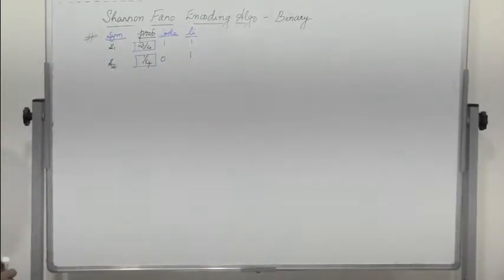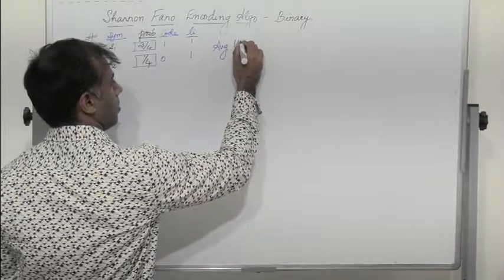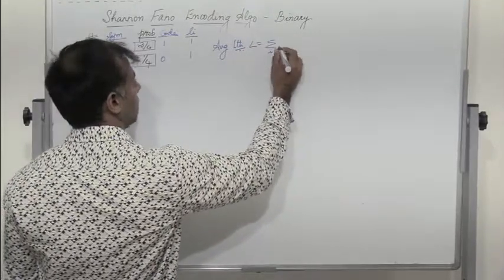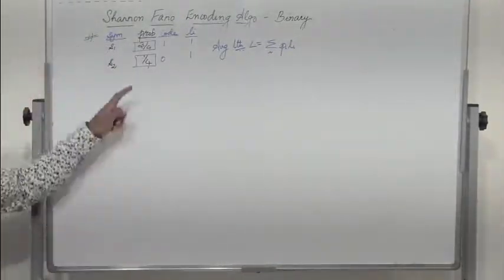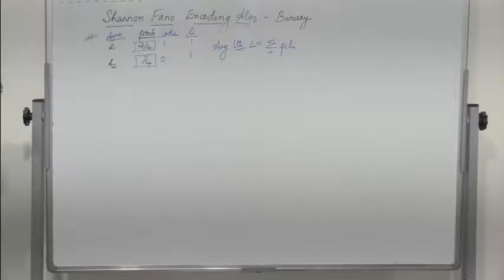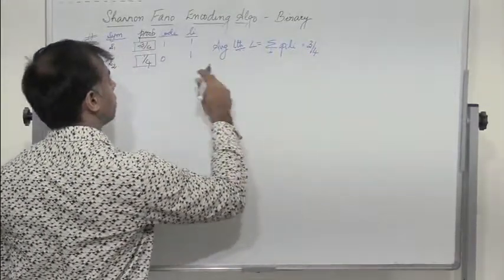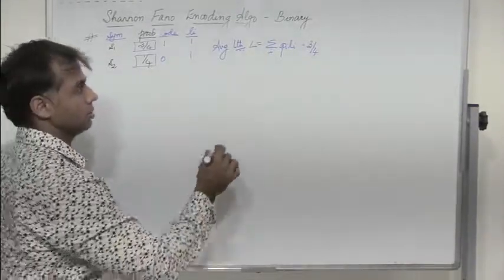So the average length L is the summation over i of Pi into Li, so probability into its length. Therefore it is 3 by 4 into 1 plus 1 by 4 into 1.